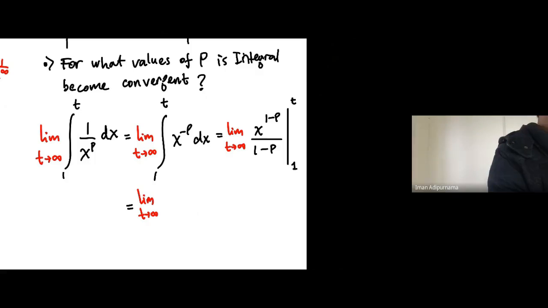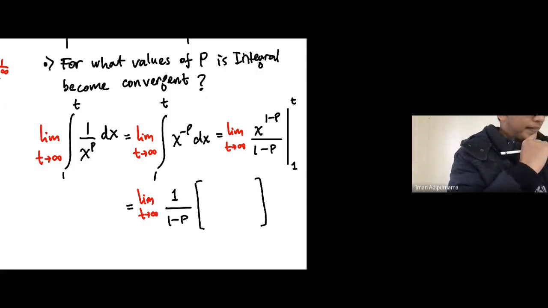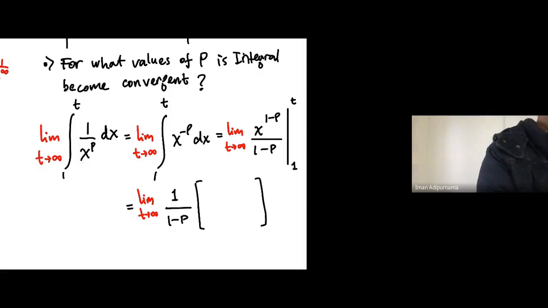Now I can factorize the constant. The constant is 1 over 1 minus p. And then plug in t and 1. If you plug in t here, this will be t to the 1 minus p, and I can write this as 1 over t to the p minus 1, and then minus 1.